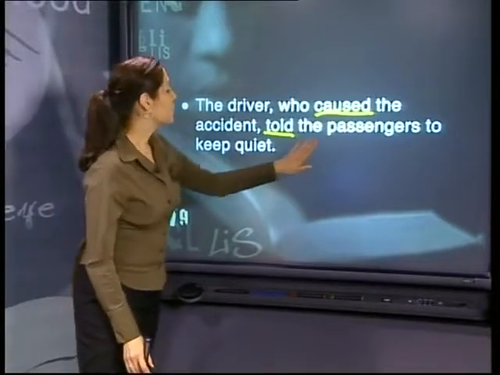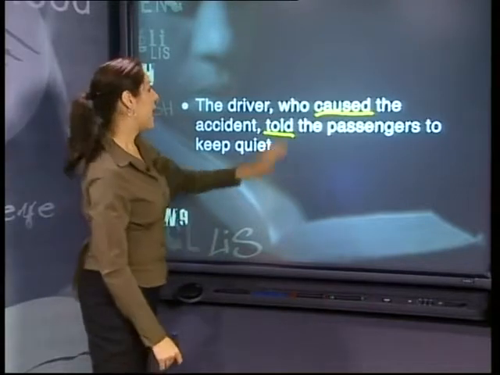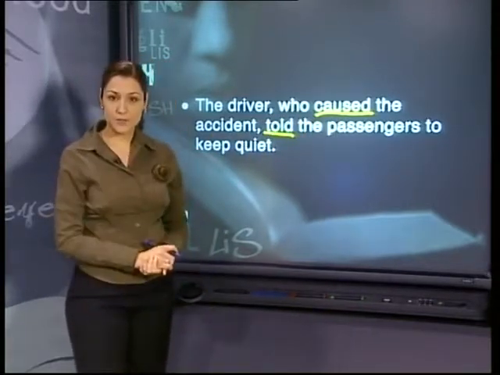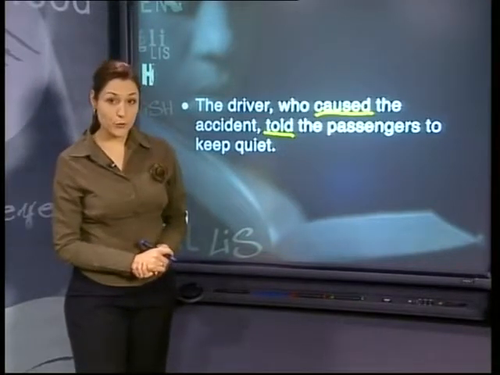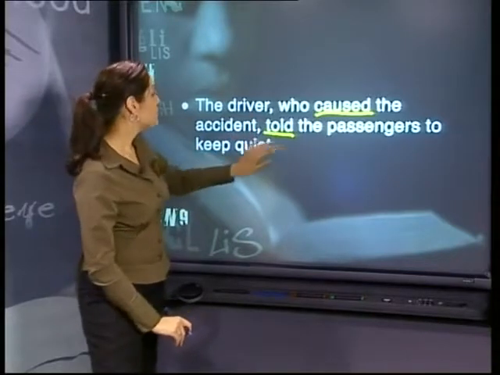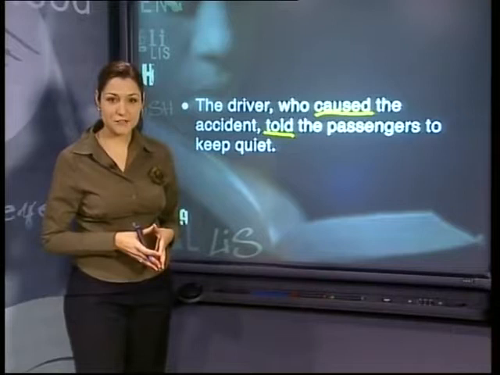The driver told the passengers to keep quiet is the first clause, and who caused the accident is the second clause. Now, can you spot the main clause? If you identified it as the driver told the passengers to keep quiet, you can be proud of yourself.